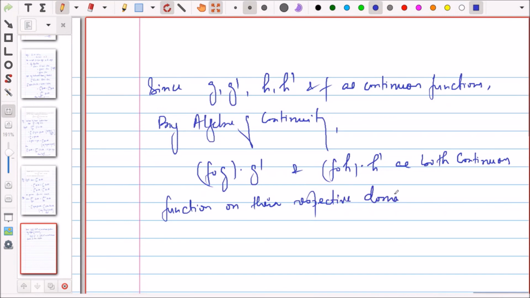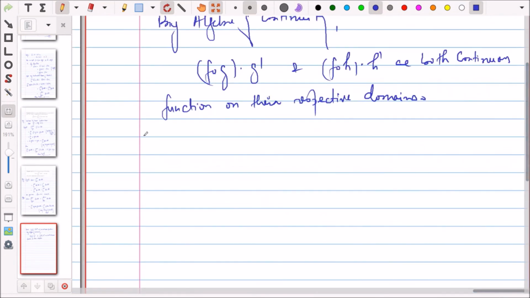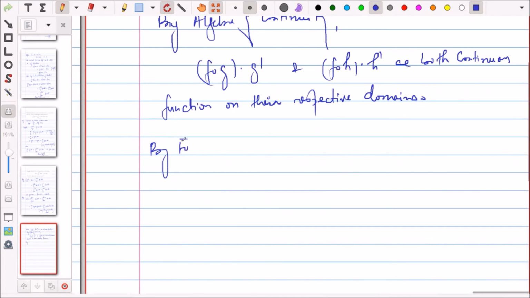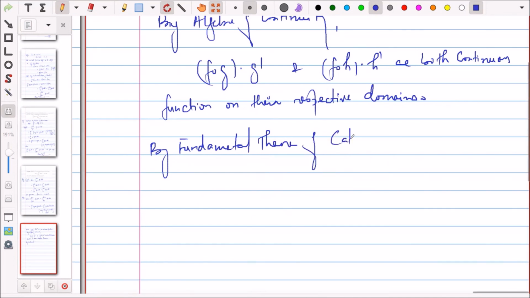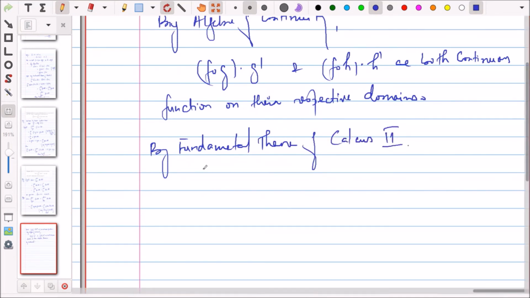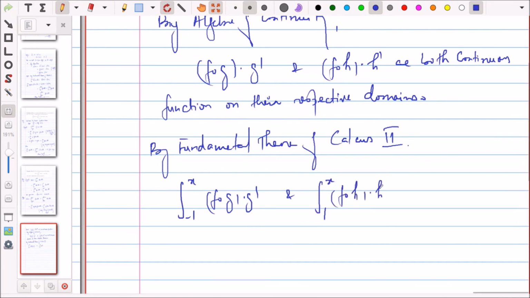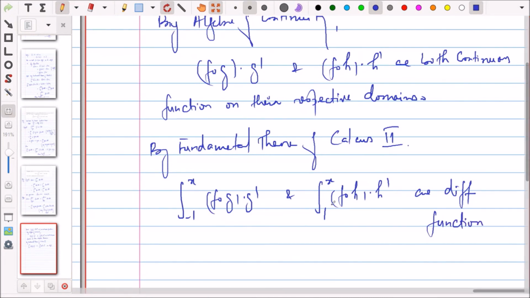Okay? So what this implies, by the fundamental theorem of calculus 2, is that the integral from minus 1 to x of f(g) g' and the integral from minus 1 to x of f(h) h' are differentiable functions, right? Whenever your integrand is continuous, the integral is differentiable. So these are differentiable functions.